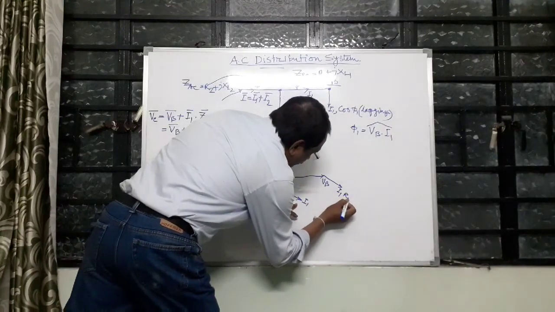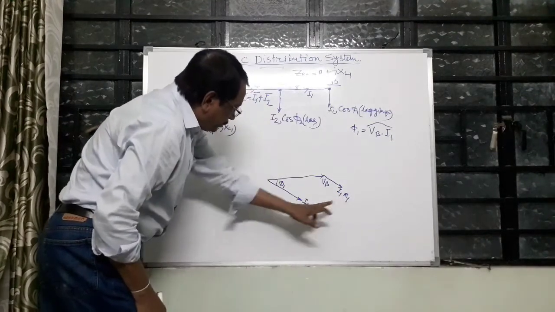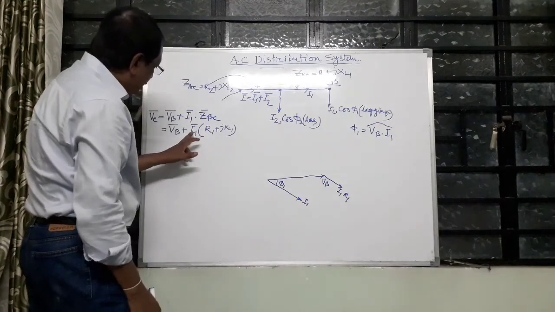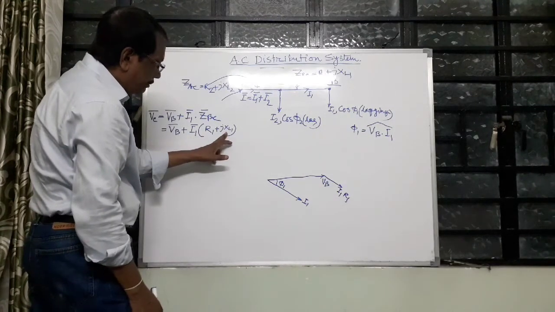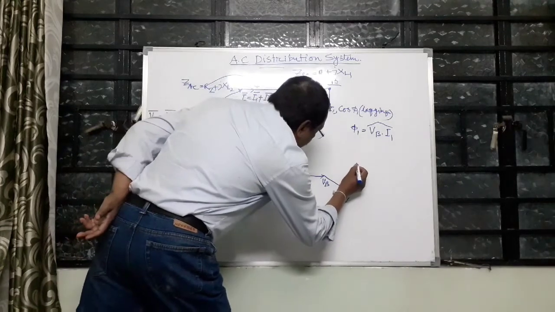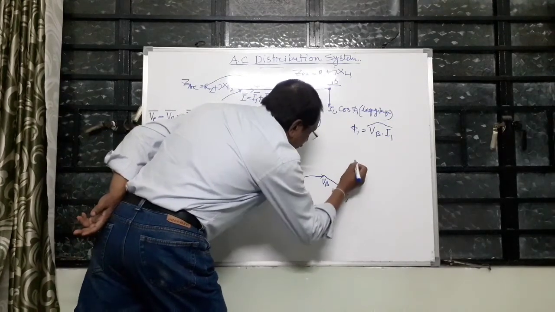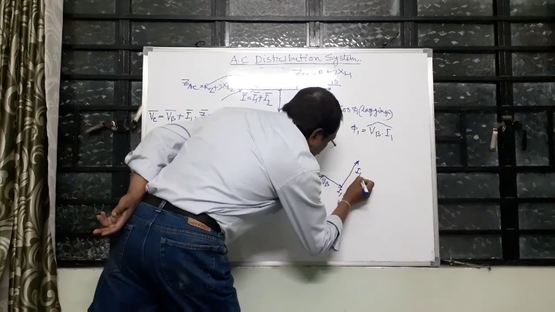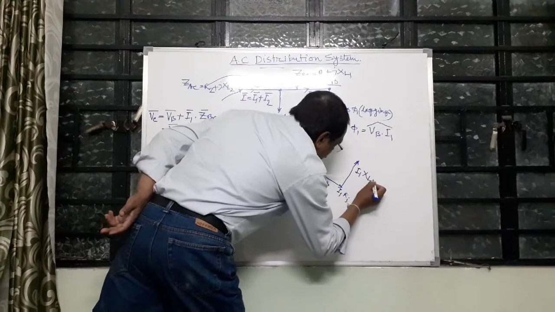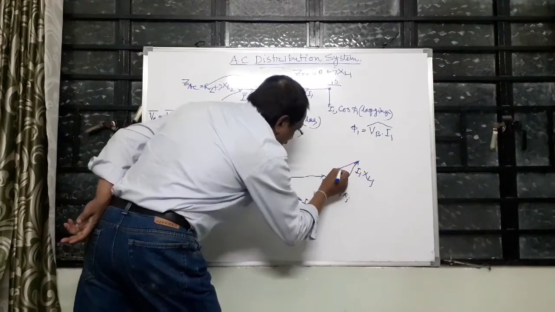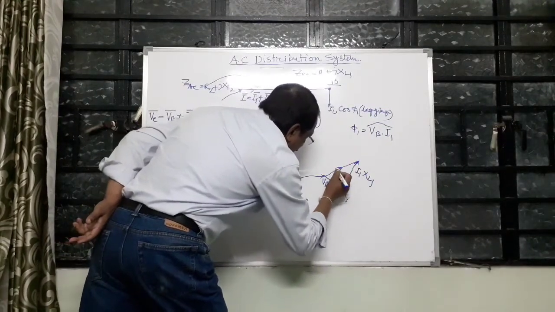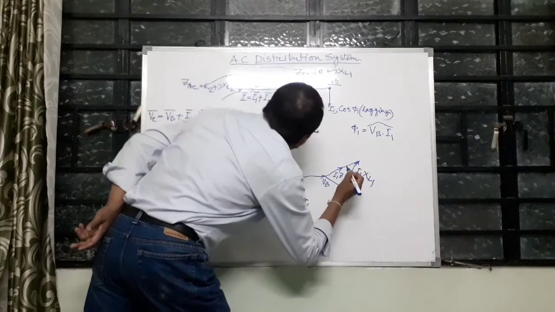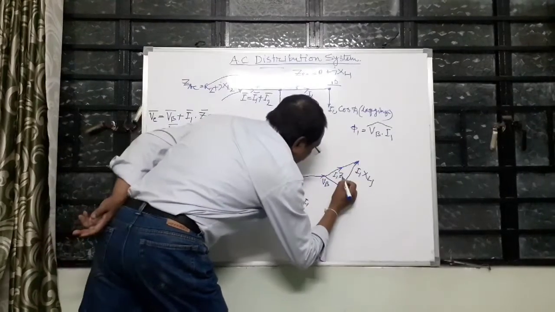The next drop, I1 XL1, is perpendicular to this. The resultant is I1 times ZBC.